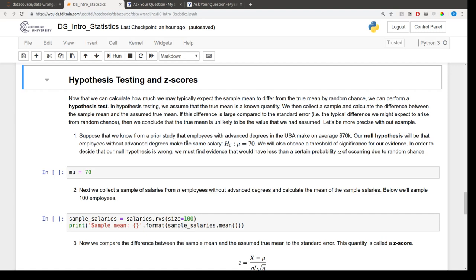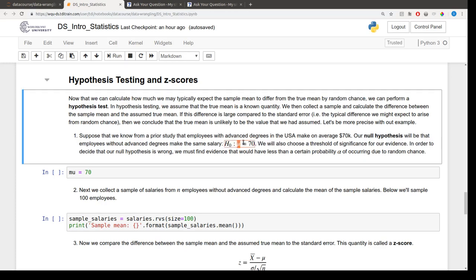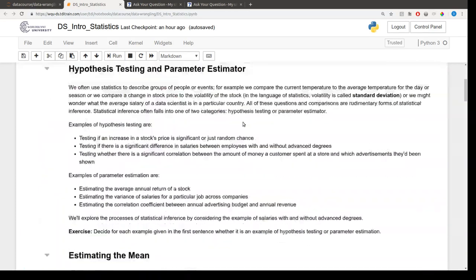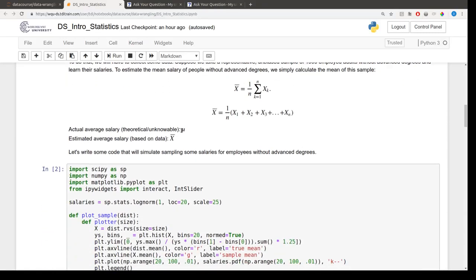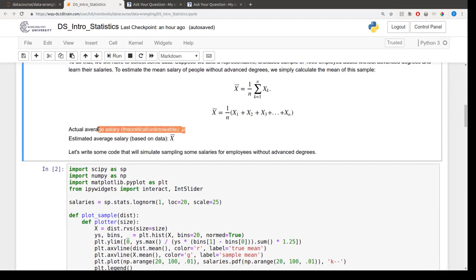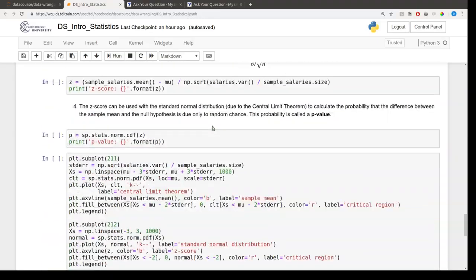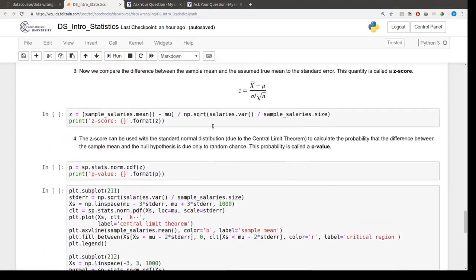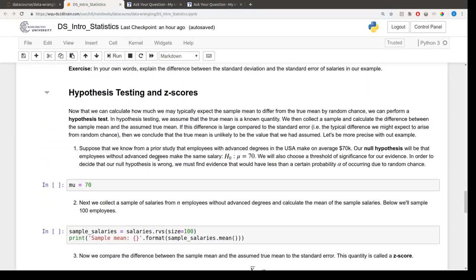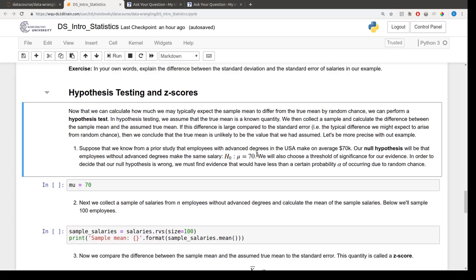So we'll just assume that they make the same amount. So we assume that mu, the true mean, going back way earlier in the notebook, the actual average salary of people without advanced degrees, is $70,000 a year. So we've now assumed a value for mu, the true mean. And that assumption is called our null hypothesis.